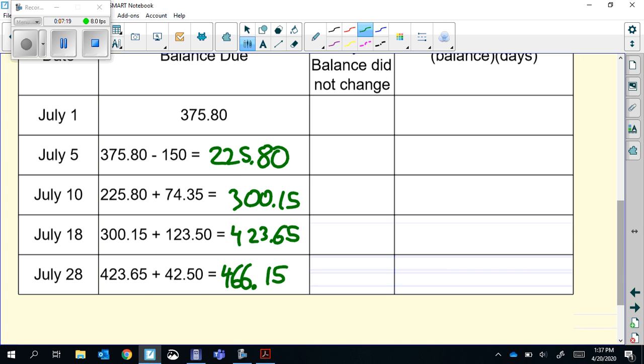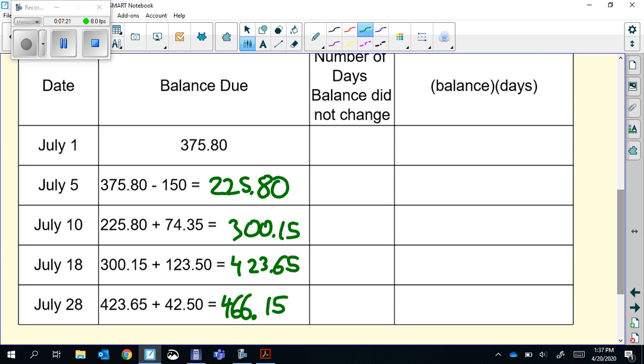Now we're also going to figure out the number of days the balance did not change. So from the 1st through the 5th, we had the balance of 375, so that is 4 days. It's as simple as subtracting 5 minus 1. Same thing with the 5th through the 10th. 10 minus 5 is 5 days. The 10th through the 18th, that would be 8 days.